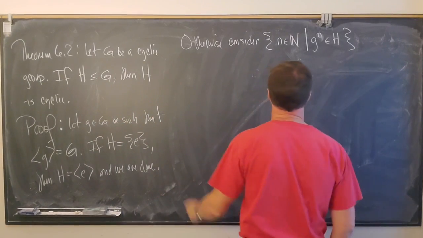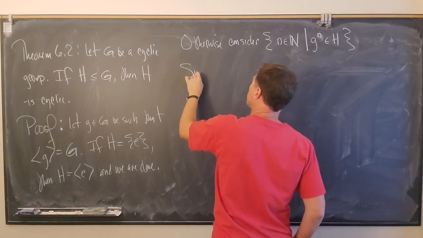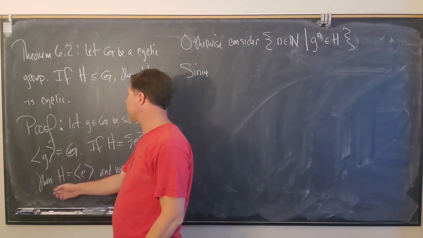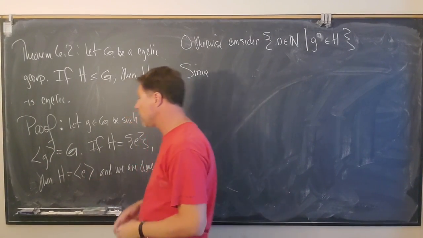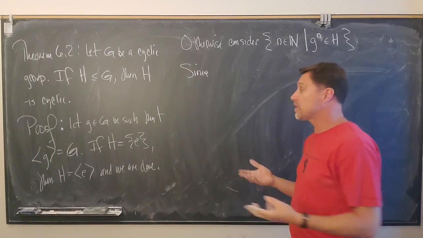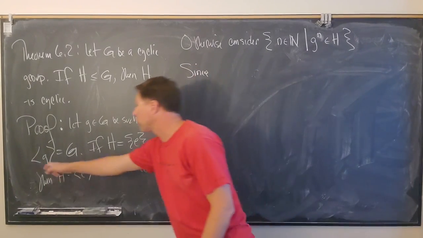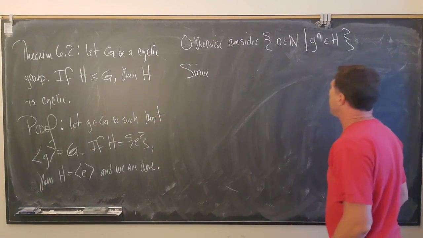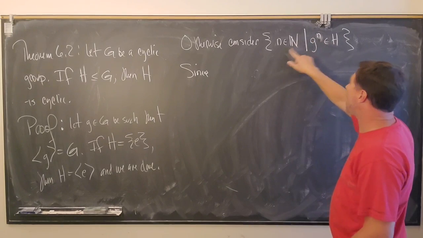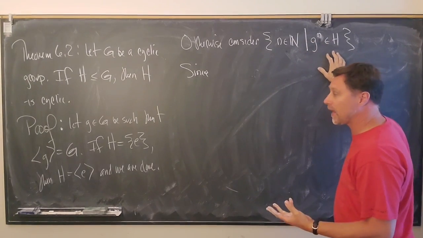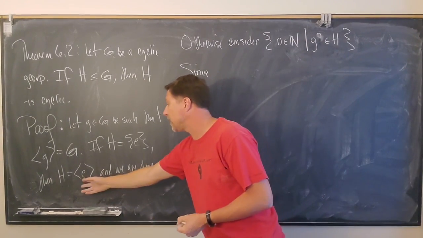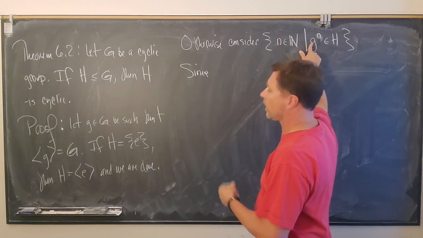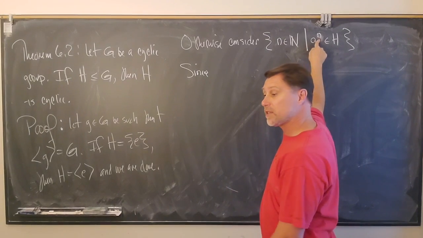Now, thinking about what H is, a bunch of elements sitting inside capital G, right? And so, what do the elements of capital G look like? They look like powers of little g. And so, for some positive power of little g, it's got to land inside H, right? We know that H is not just the identity, so it's got to have some non-trivial powers, something other than g raised to the 0.